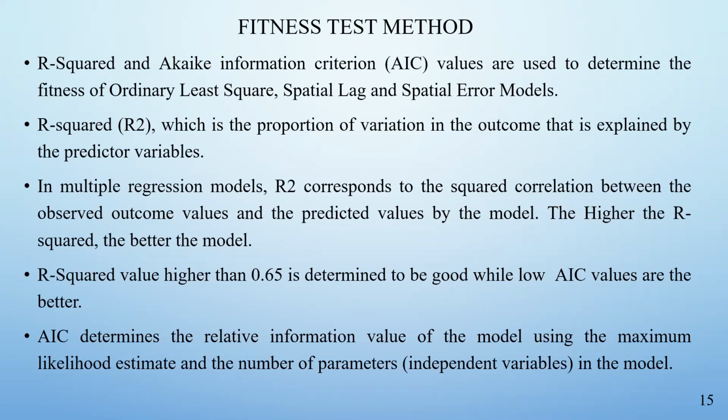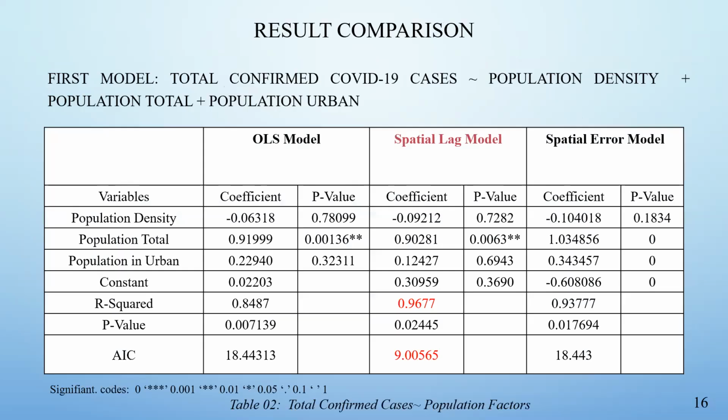R-square is the proportion of variation in the outcome that can be explained by the predictor variables, and an R-square value higher than 0.65 is considered good, while a lower AIC value is better. AIC determines the relative information value of a model using the maximum likelihood estimate and the number of independent variable parameters in the model.